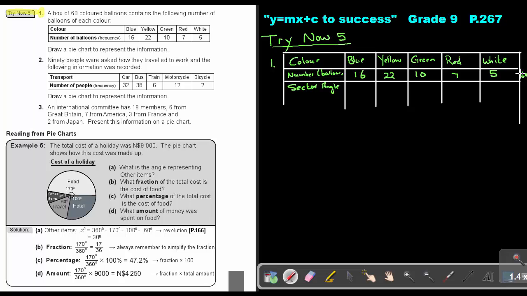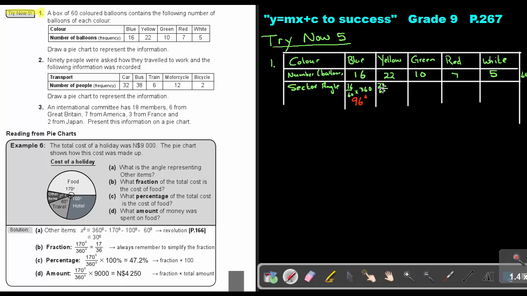If I do the first one, I'm going to say 16 out of 60 times 360, and my answer is 96 degrees. Then the next one, I do the same. So this is 22 over, sorry, not 12, 22.